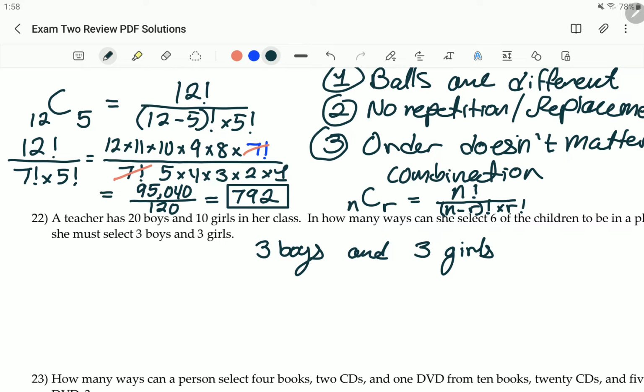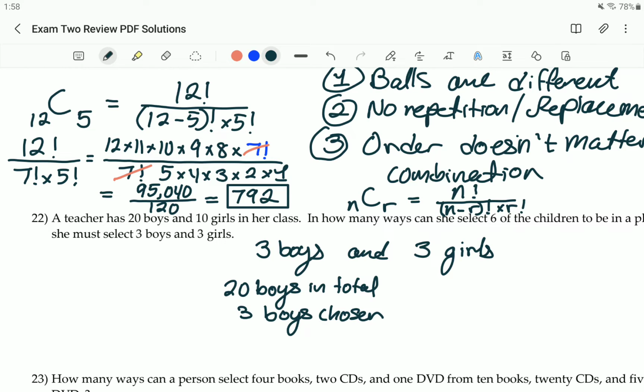Let's ask ourselves the question, how many boys are in total? There are 20 boys in total, and we're choosing 3 boys. The order does not matter in how I choose my boys. It didn't say that I have to choose the boys first and the girls second, or vice versa.